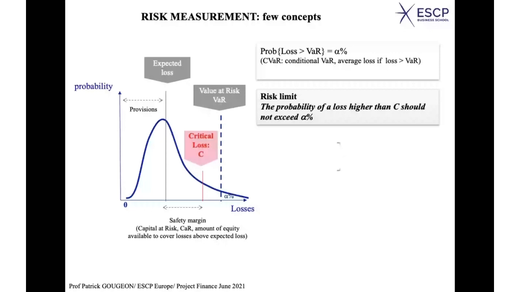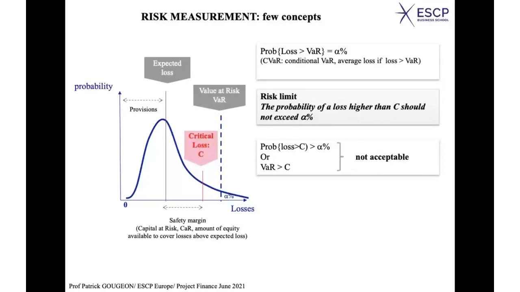Sometimes the difference between the expected loss and the critical loss, we call it the safety margin. If you have an expected loss, that is considered a kind of normal loss. Not normal in the sense that it has to be, but in the sense that you know there are possible losses, and on average you can count on a loss of this amount. But your concern is, what if we have a loss much higher than this expected loss? Well, the concept of critical loss is a kind of limit.